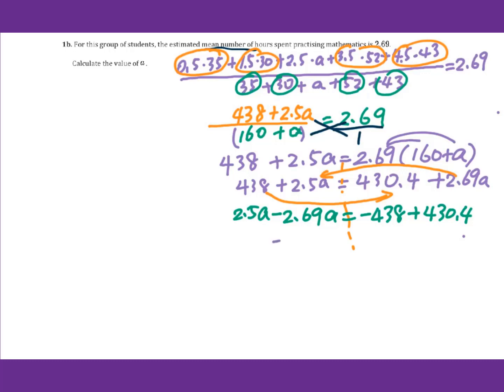You will get negative 0.19A equals negative 7.6. Now we divide by negative 0.19 on both sides. You get that A equals 40.